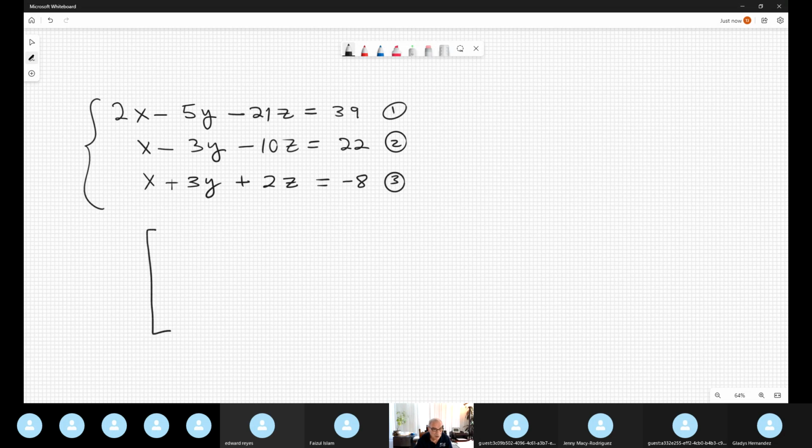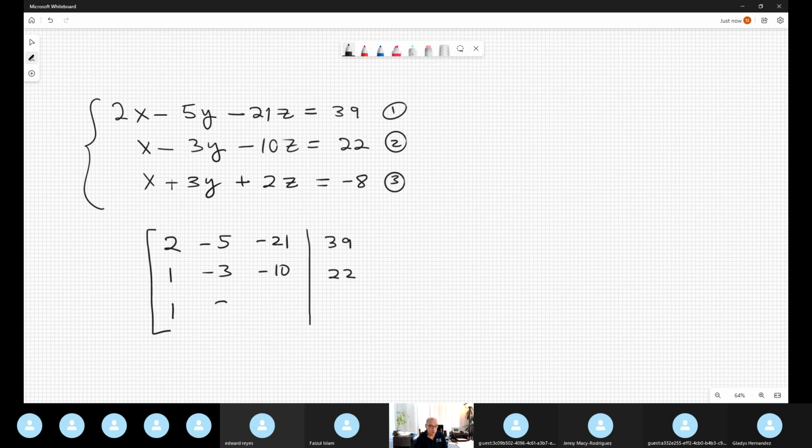The augmented matrix is 2, negative 5, negative 21. I put a bar to separate the left and right hand side. And you put here 39. Then 1, negative 3, negative 10, 22.